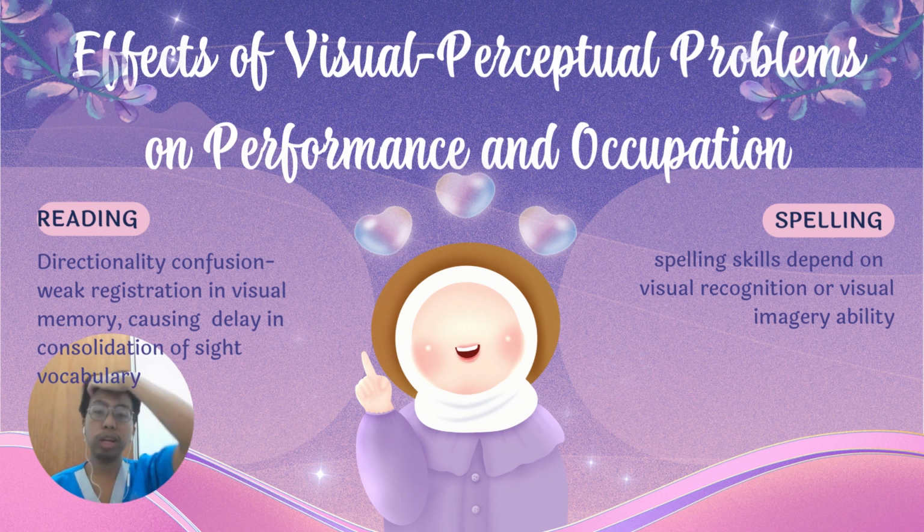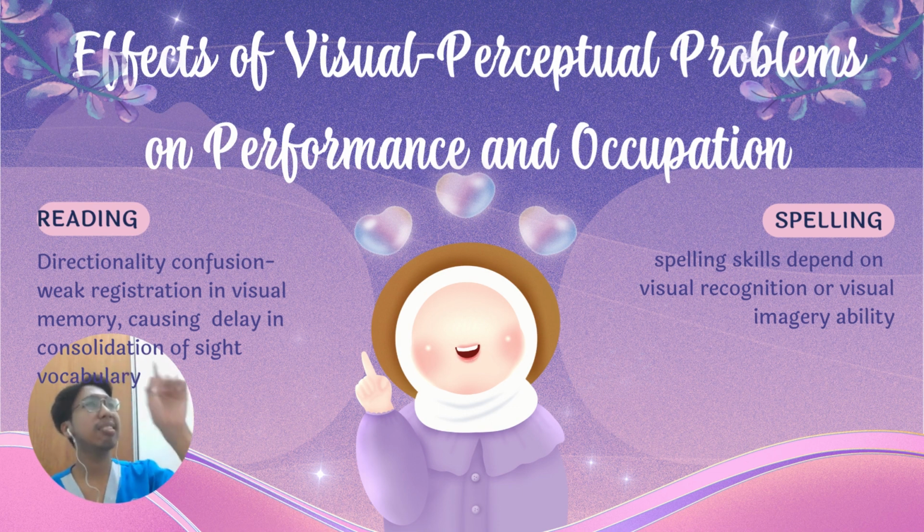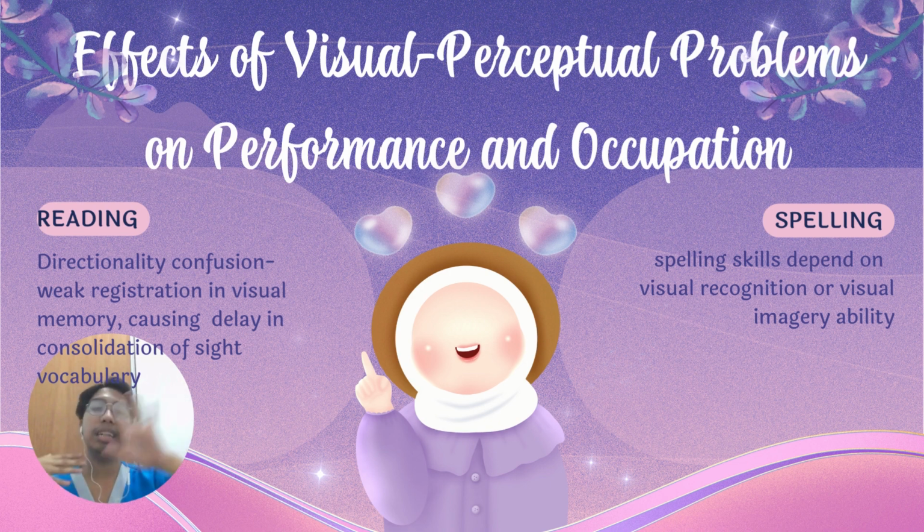So to be able to imagine how the word cat looks like, and then to be able to spell it. For example, I can visualize the word CAT floating in my mind. So that's an example of visual imagery. If it's impacted, it does impact their spelling skills. So maybe they thought the spelling of cat should be CAD instead of CAT. That's an example of it.